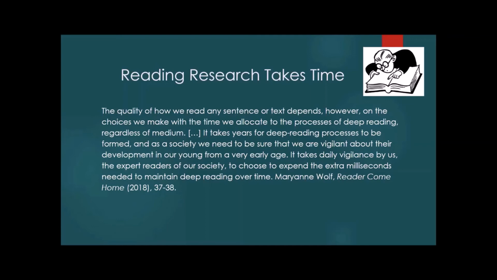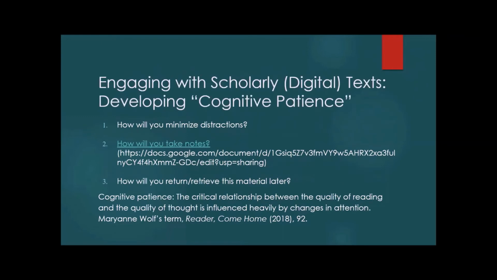We have to learn to resist that urge to find what we need immediately and to be comfortable with that slower process of information comprehension. So that's just my shtick there in terms of thinking about reading carefully and slowly.